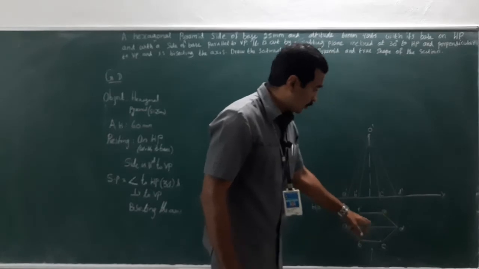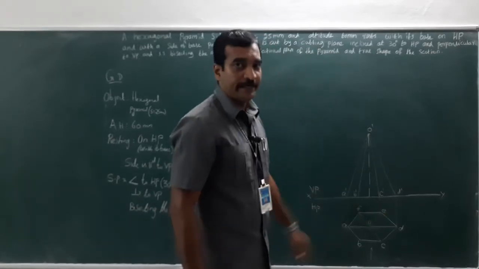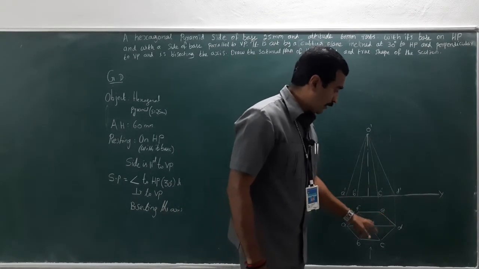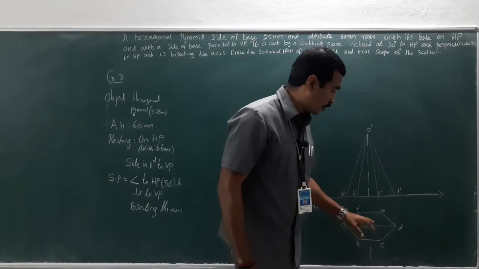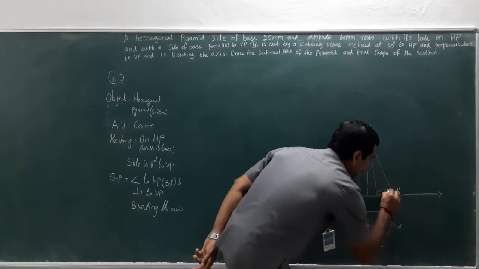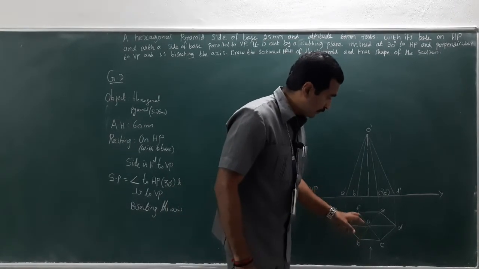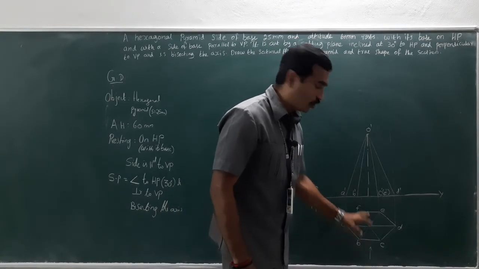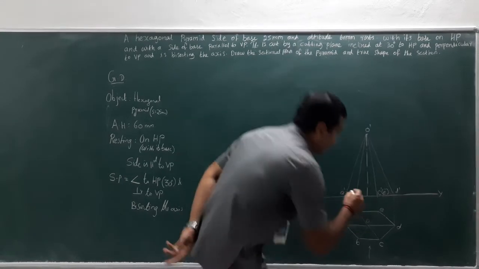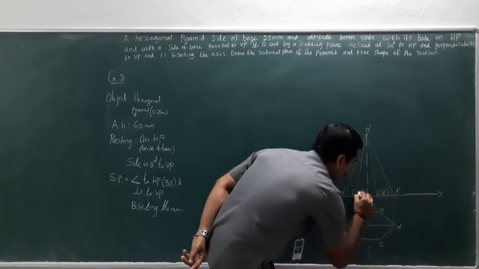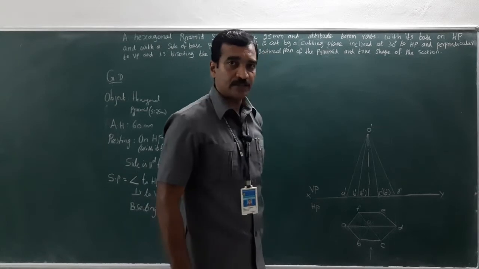What about EO and FO? Both are invisible. EO is right behind CO, therefore EO is invisible. And look here, FO is right behind BO, therefore FO is invisible, FO within the bracket.